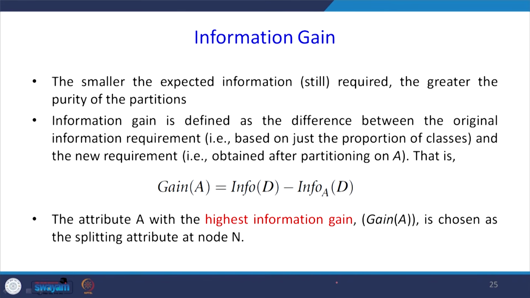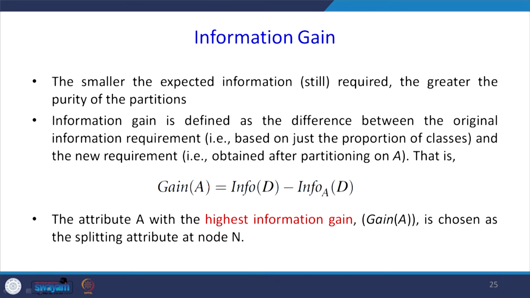Information gain is defined as the difference between the original information requirement, based on just the proportion of classes, and the new requirement, obtained after partitioning on A. So, the gain A is info D minus info D for attribute A.